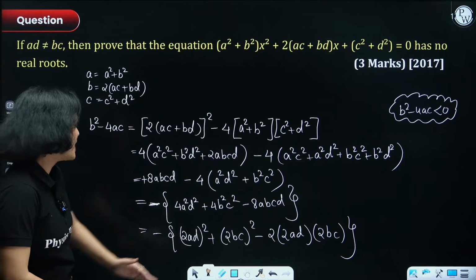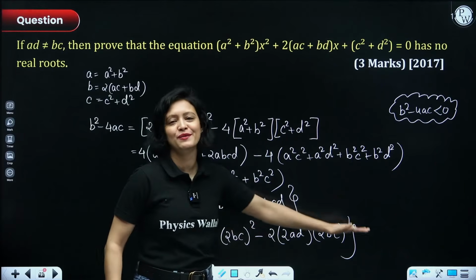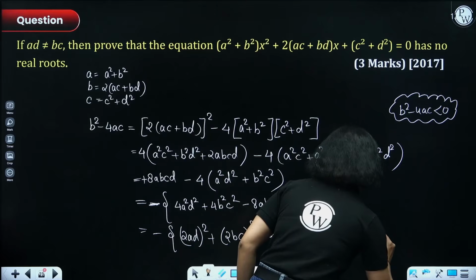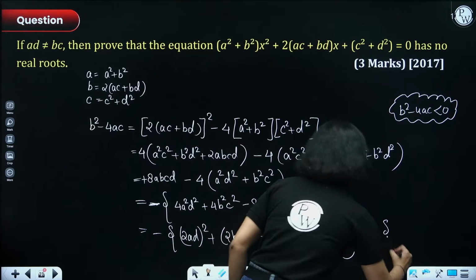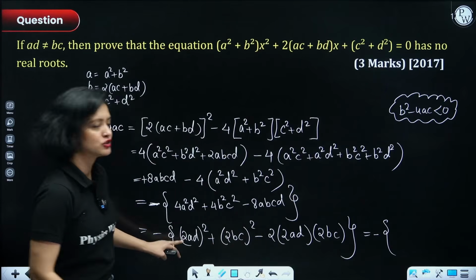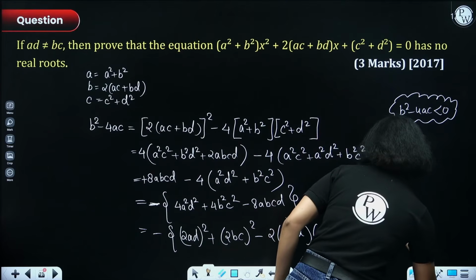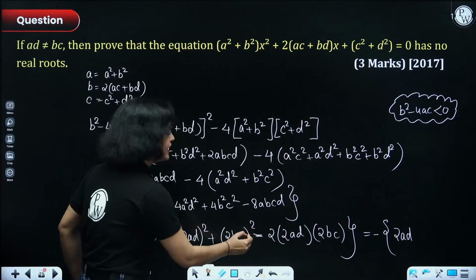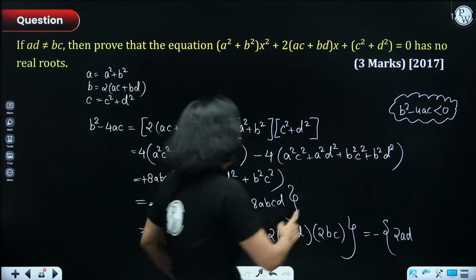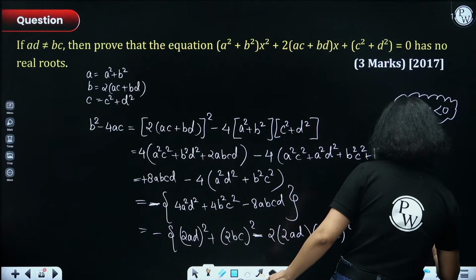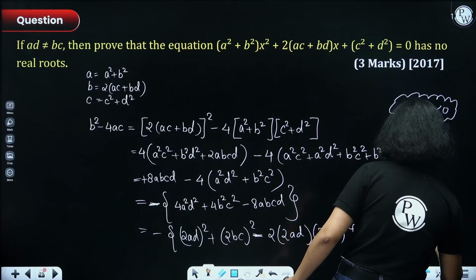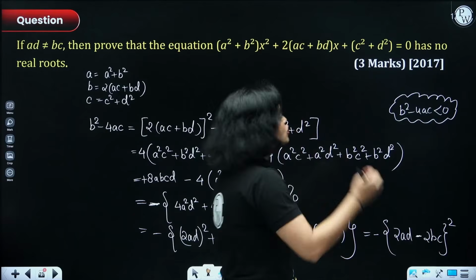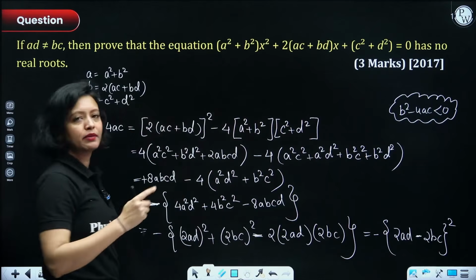Yes? See here, a square plus b square minus 2ab, and what is that, everyone? That is equal to a minus b whole square, right? So minus of, what is the first term? Twice of ad. So 2ad, since here we have a negative sign, so a minus b whole square. So 2ad minus 2bc whole square, right? So now we got the value of b square minus 4ac, everyone.